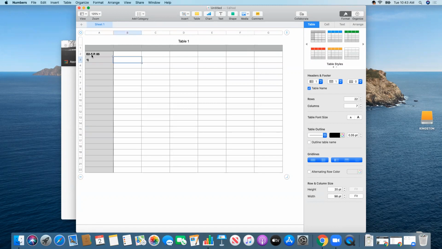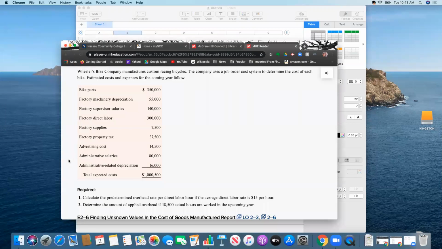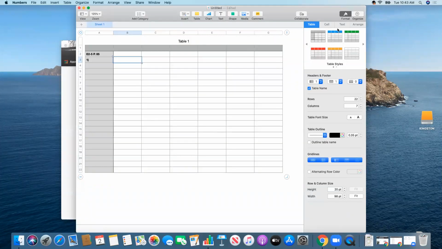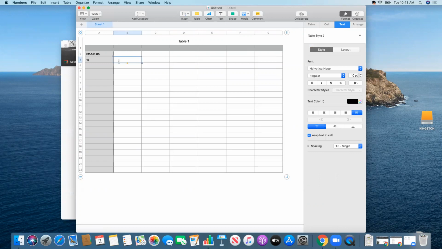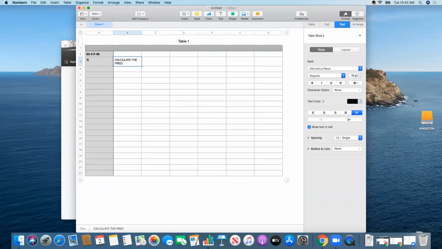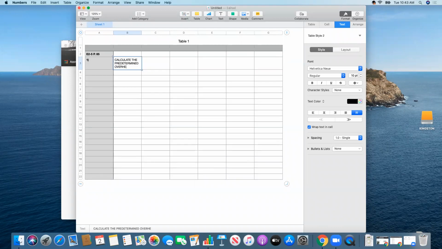And the first thing, calculate the predetermined overhead rate.